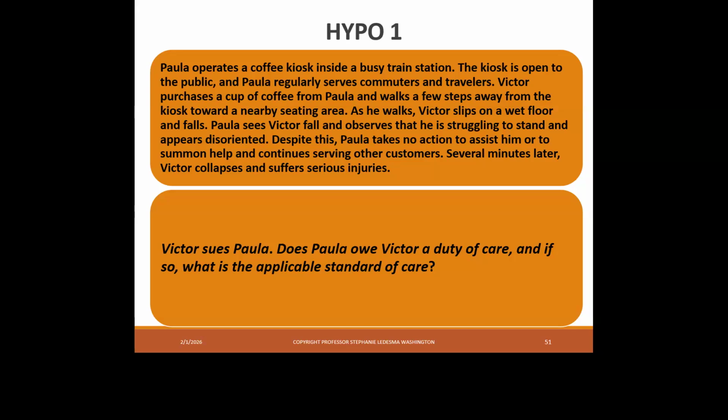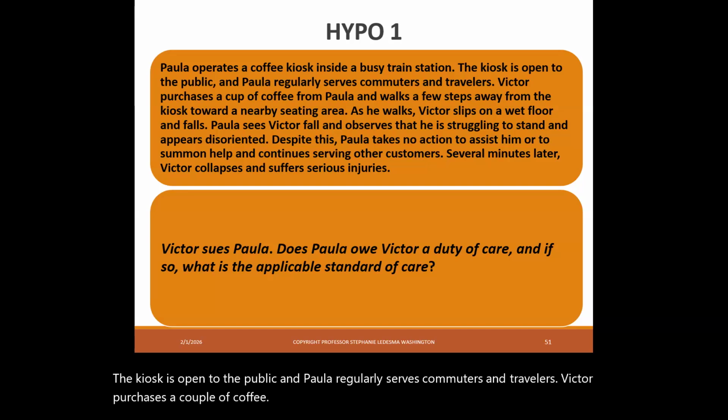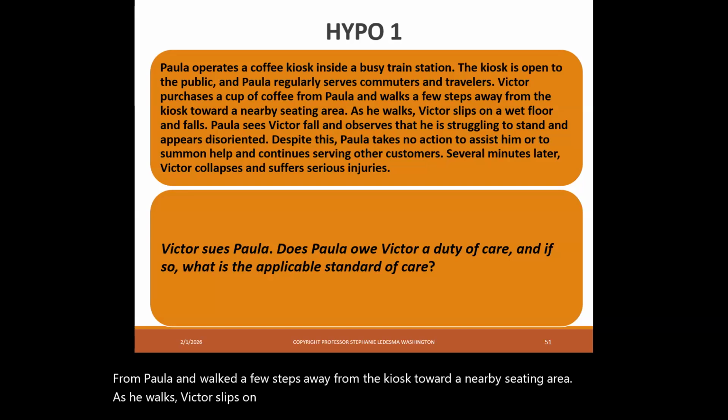Paula operates a coffee kiosk inside a busy train station. The kiosk is open to the public, and Paula regularly serves commuters and travelers. Victor purchases a cup of coffee from Paula and walks a few steps away from the kiosk toward a nearby seating area. As he walks, Victor slips on a wet floor and falls.